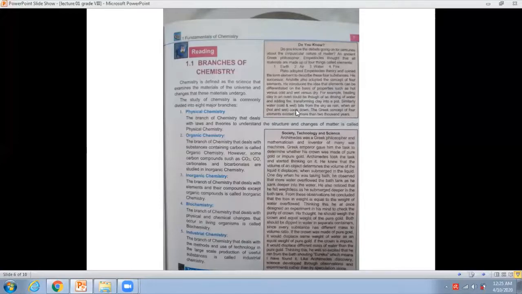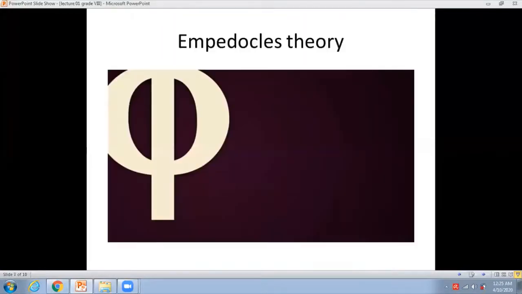This means that Empedocles said that all these substances or elements, there are two forces which make these substances held together, and then the universe came into being. What were those two forces? One he called love, and the other he called the repulsive forces. Love means the attractive forces which hold these substances together.